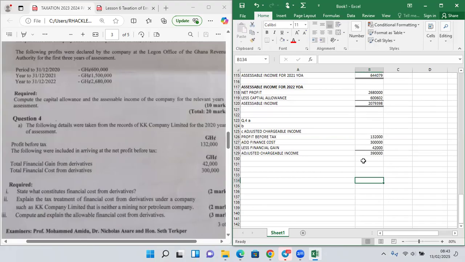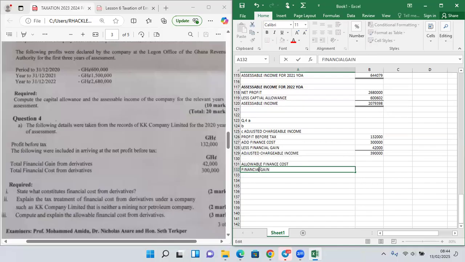All right. So now, according to the law, the allowable finance cost would be the finance gain, financial gain 42,000.